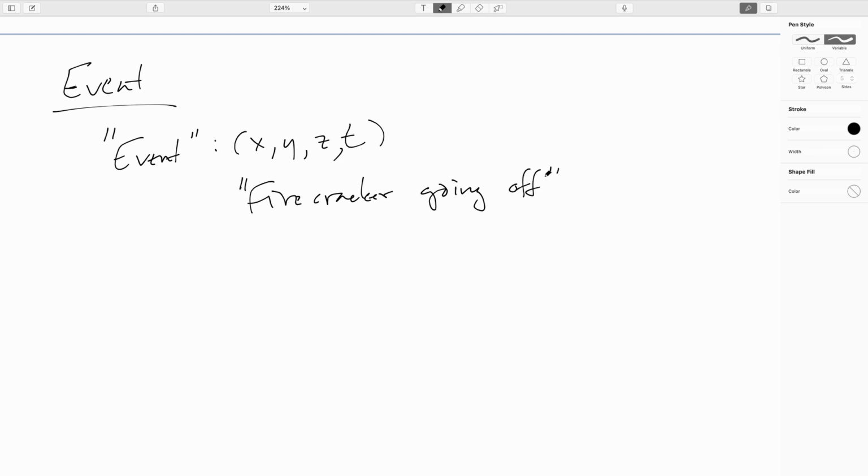Other people imagine a strobe light flashing or something like that. But whatever you think of, the whole point is it needs to be localized in space and time. So for instance, if I've got a firecracker going off here, let's give it lots of pretty colors.